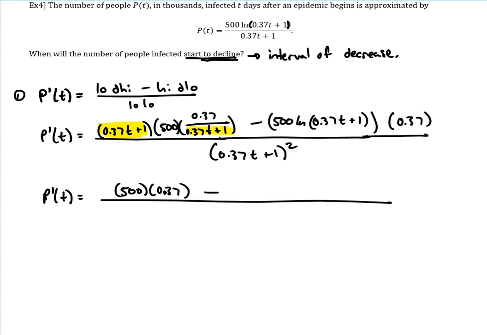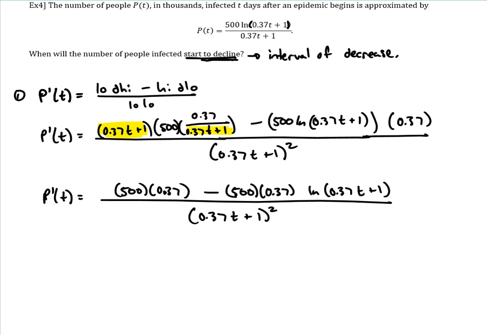And then minus, I'm just going to write the 0.37 and the 500 next to each other, and then the ln of 0.37t plus 1 after, all over still the 0.37t plus 1 getting squared.